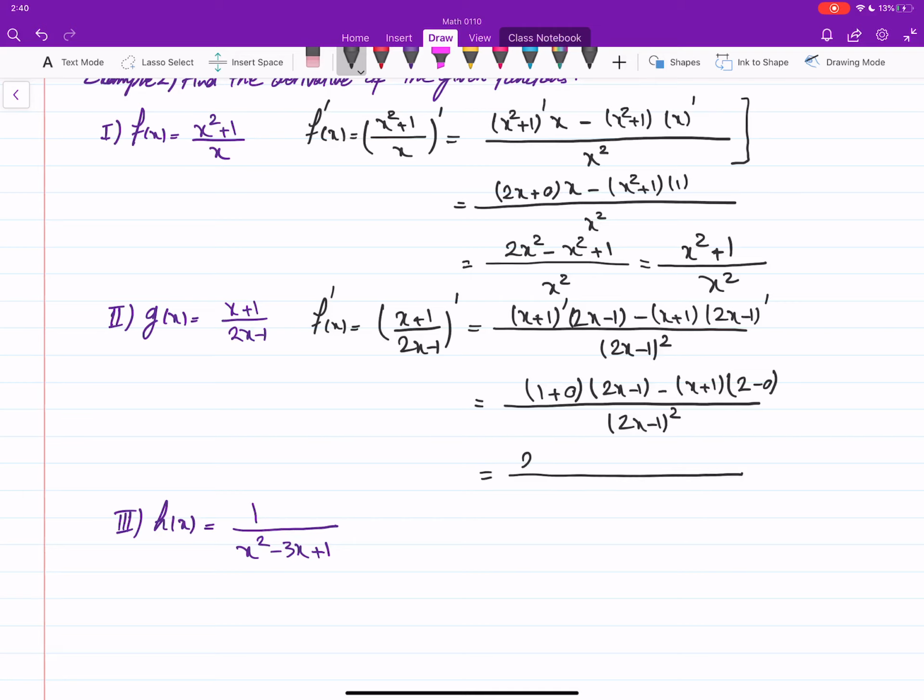Now we have 2x minus 1 minus 2 times x and times 1, actually negative 2 times x, so it will be negative 2x minus 2, and the denominator is (2x minus 1) squared. That gives us what? This cancels with that, and we get negative 3 over (2x minus 1) squared.